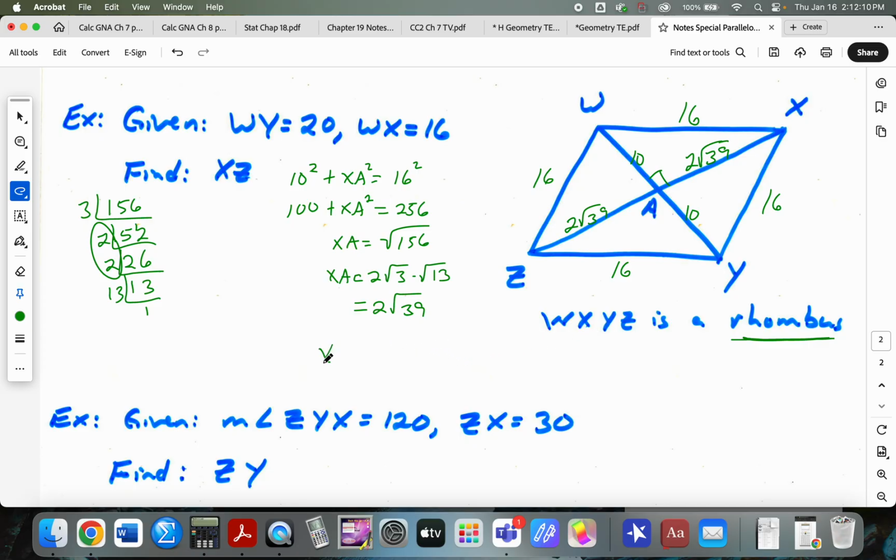So then XZ, it's 2 square roots of 39 plus another 2 square roots of 39, which is 4 square roots of 39.